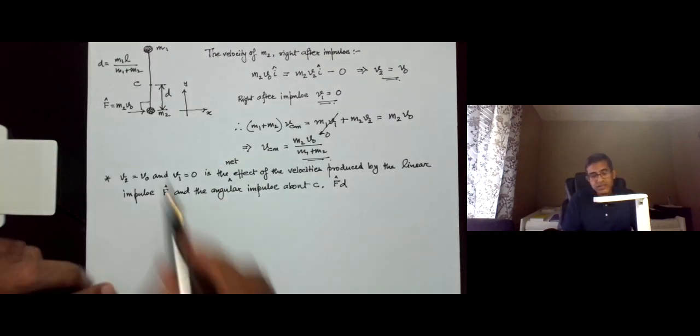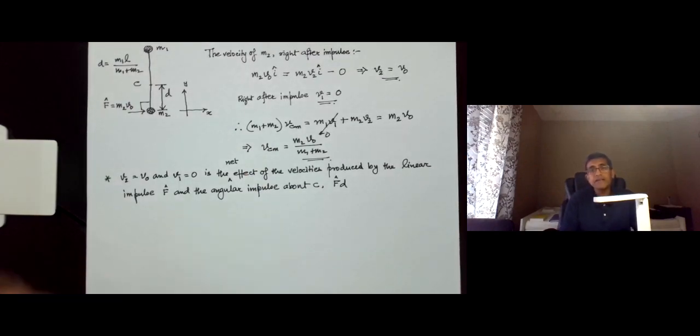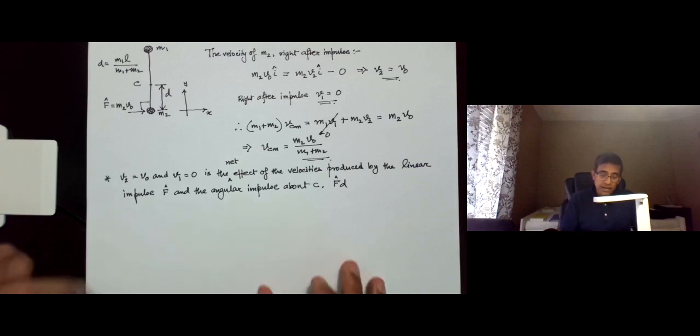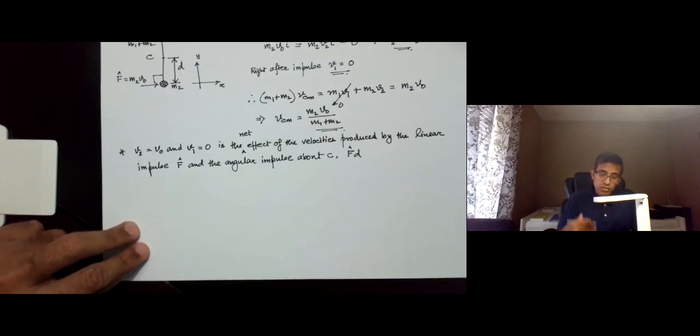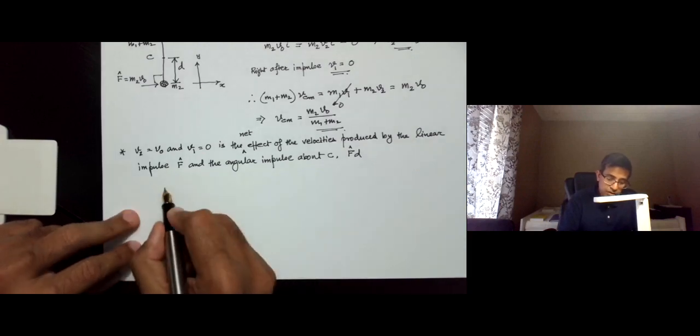So the difference in the velocities between m2 and m1 is not because of the linear impulse, but rather because of the angular impulse. So when it comes to finding the angular velocity, we note the following.